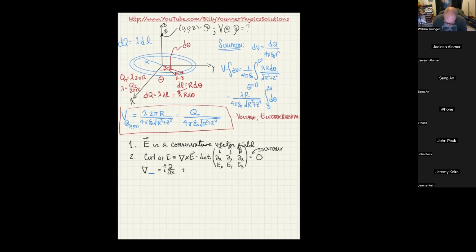You also take the derivative of it with respect to y, and then write that next to j hat. And then you take the derivative of that with respect to z and put it next to k hat. Then you add those three terms together and out pops a vector. That's what this del operator is.